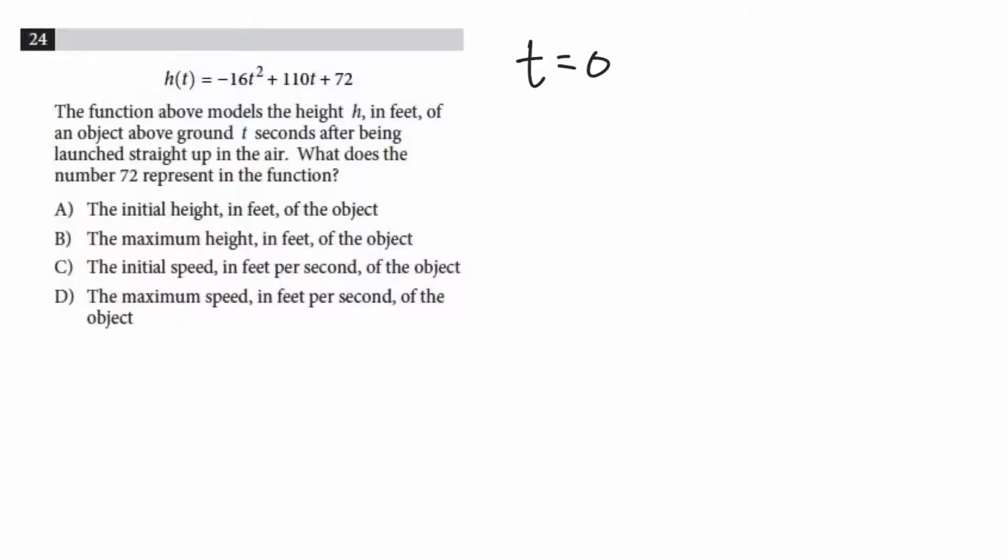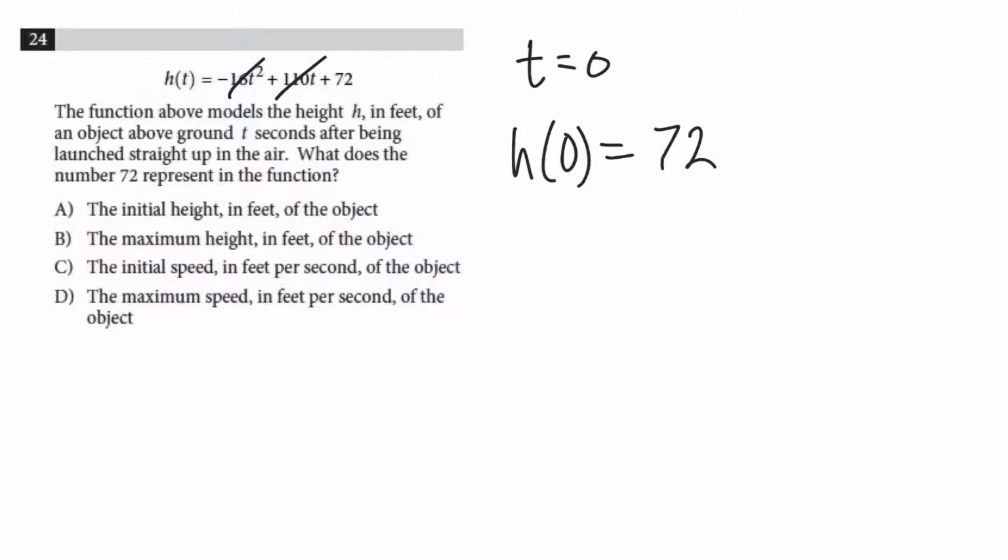Well, if time was 0, h of 0, the first two terms are going to disappear, and you're just left with 72. So at 0 seconds, the height of the object must have been 72 feet.